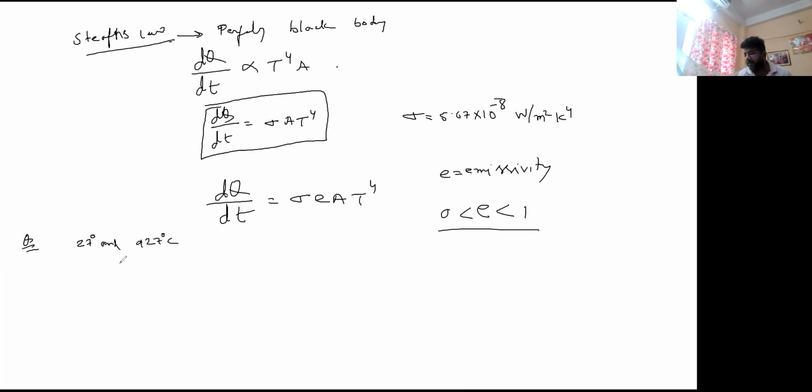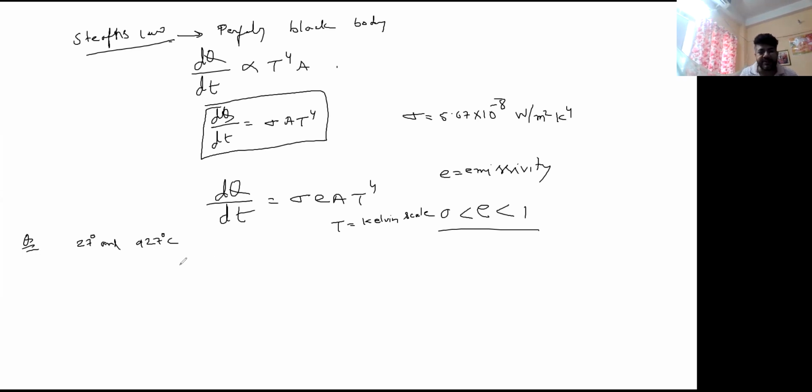What will be the ratio of the radiant energy? First of all, one very important thing: this temperature is always on the Kelvin scale.